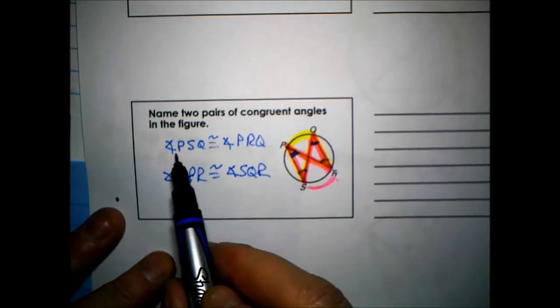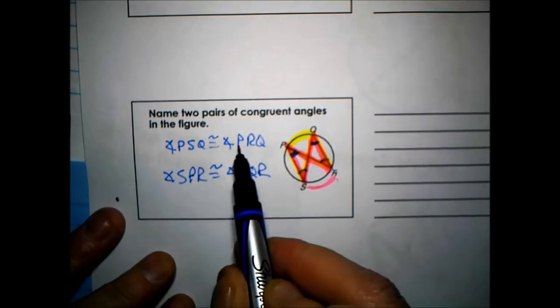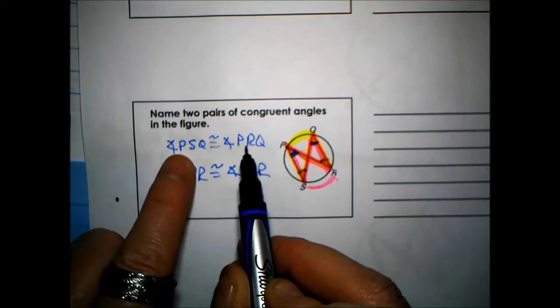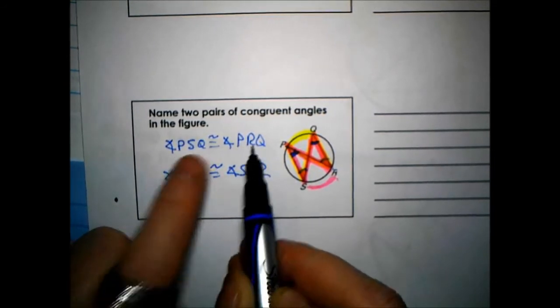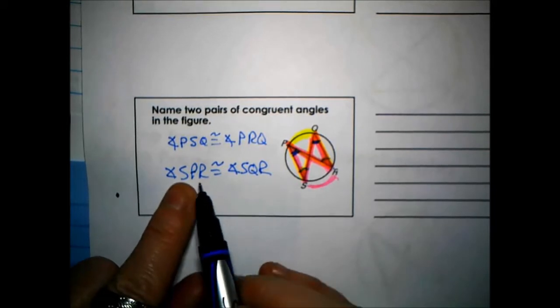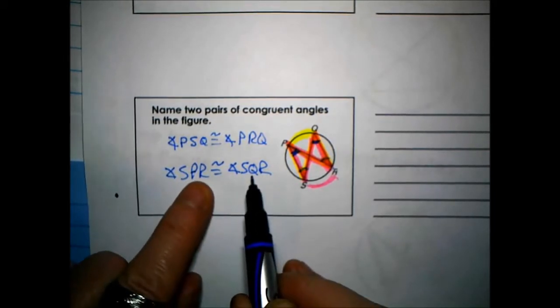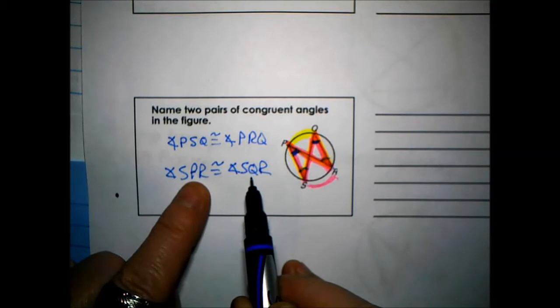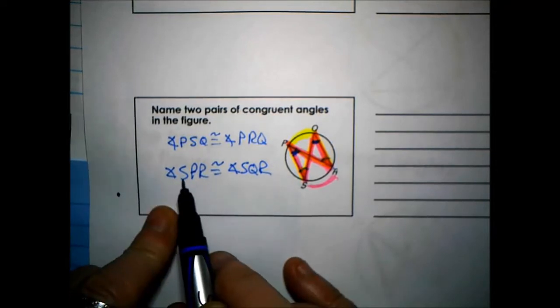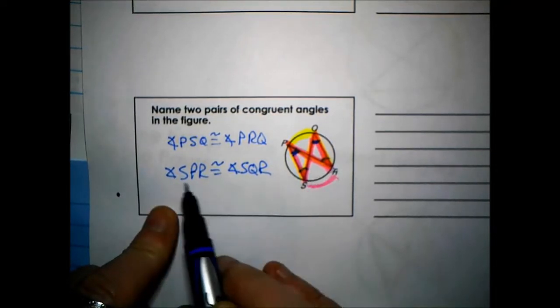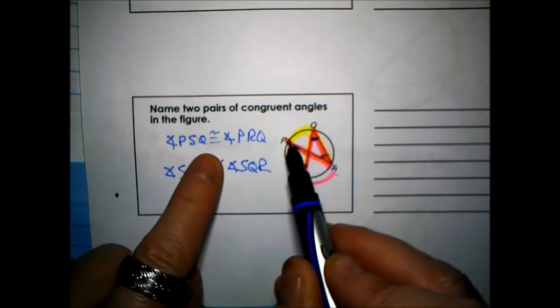Notice on these it has P, S, Q and P, R, Q. The ends are the same, P's and Q's. On the second one, it has S's and R's on the ends, and the only thing changing is the vertex. That is showing you how the arcs are the same, because the arc that you're looking at here is SR and SR, and this one is PQ with PQ.